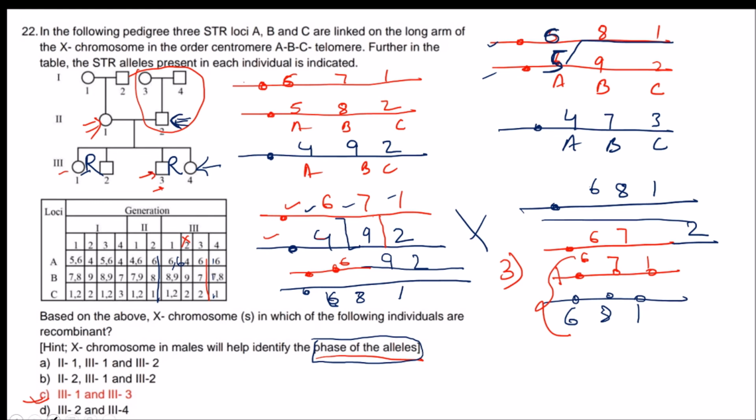So the answer which was already flashed in red color is now verified. Hope you have understood it. Now again I am overviewing it. From the first generation we have found out what should be the proper sequence of the alleles on the two respective X chromosomes, with the help of inheritance of the X chromosome from male to their progeny.